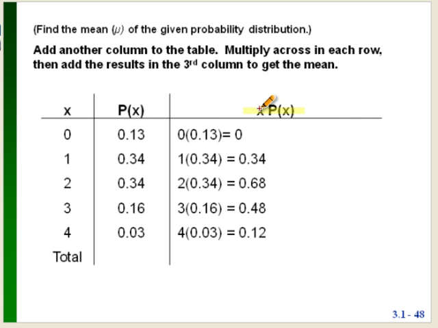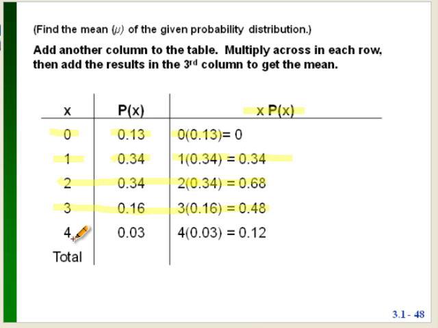So we're going to add this column, and in this column we're going to take each x and multiply it times its probability. So in this first one, that gives us 0 times 0.13. Multiply those two, that gives you 0. If we do this for each one of these, then we get all of these results.